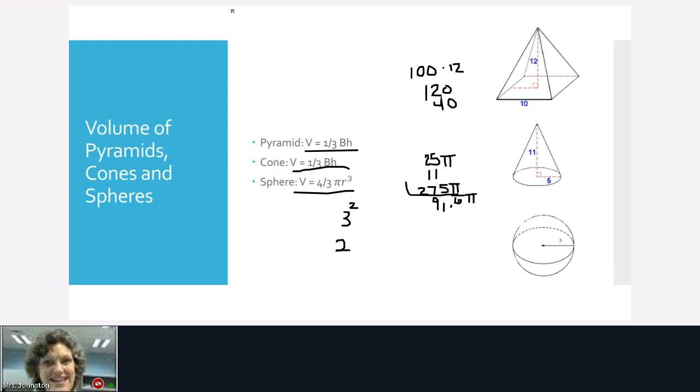So 27 times 4/3 times pi. And I can simplify this. 4 times 9 is 36, so 36 pi is the volume of this sphere.